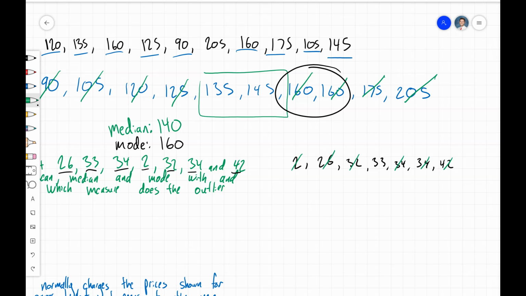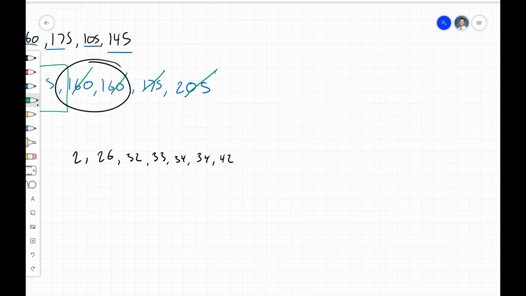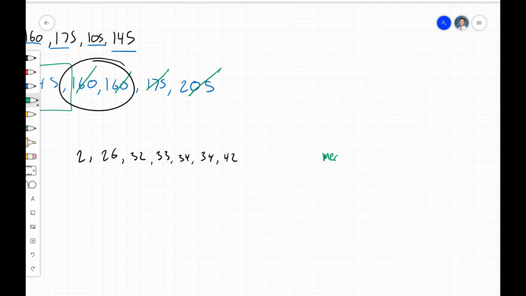Our very middle value here is 33. So our median is 33 with the outlier. Sorry, that should be 33. And this is with the outlier. And this is without the outlier, which we'll calculate later.